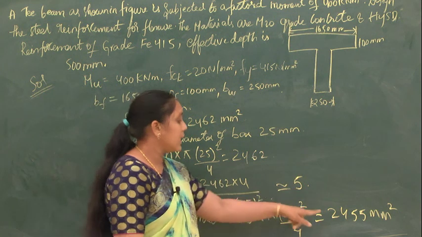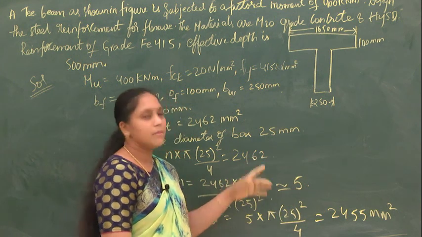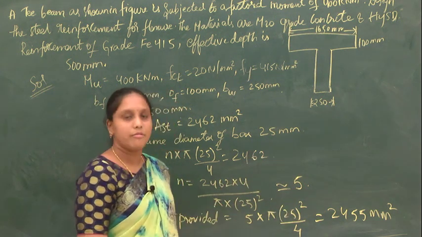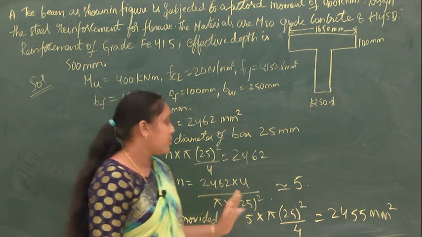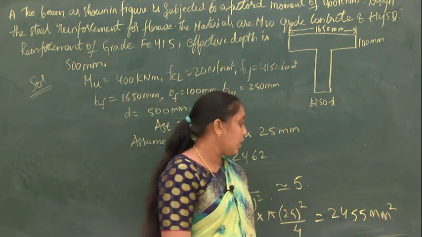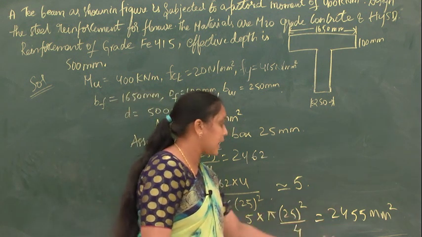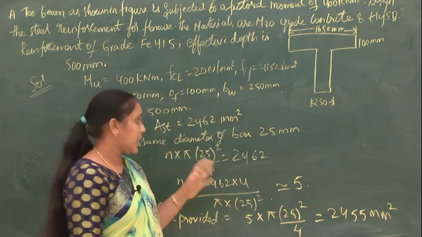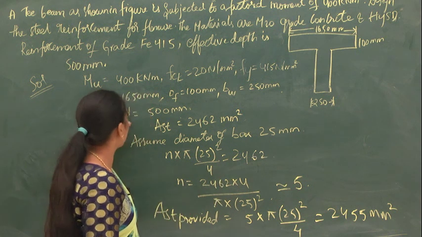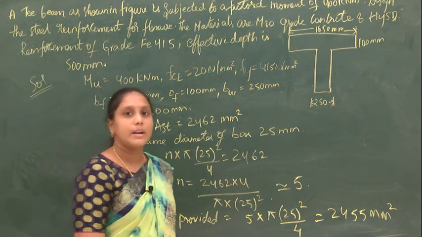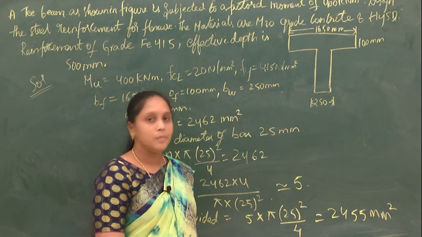So nearly the same. 7 mm is only the difference. It is fine. So the AST provided is 2455 mm square, the area of steel required for carrying this moment Mu of 400 kilonewton meter.